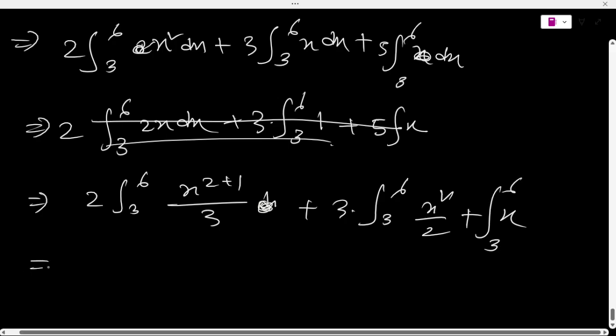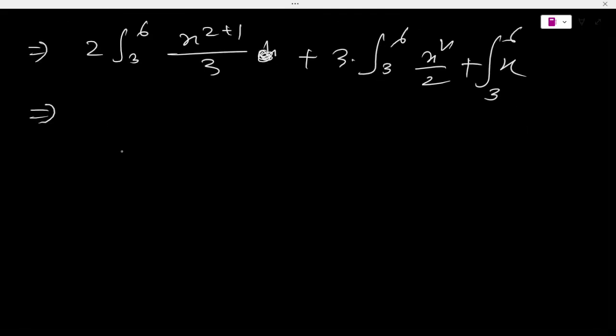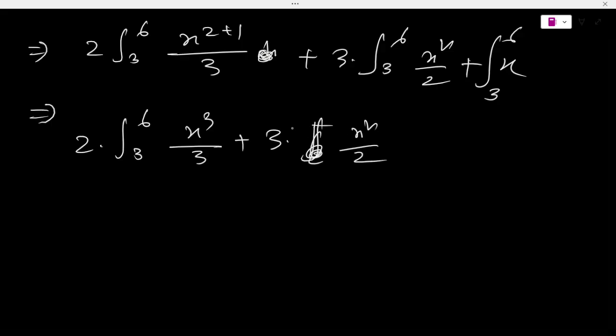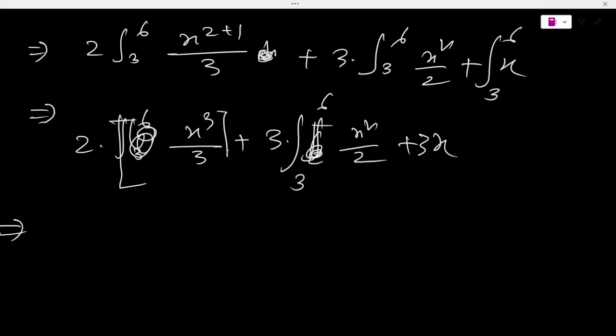After that it will be 2 times the integration of x square from 3 to 6, x cube divided by 3, plus 3 times x square by 2 from 3 to 6, plus x from 3 to 6. Oh yaar, I'm writing it wrong again. This is not 3, this is 6, 3 to 6.